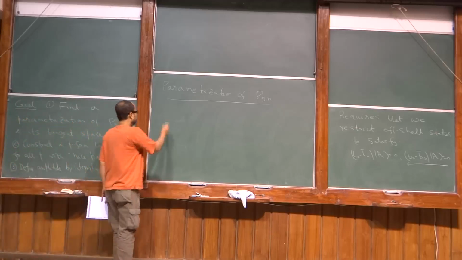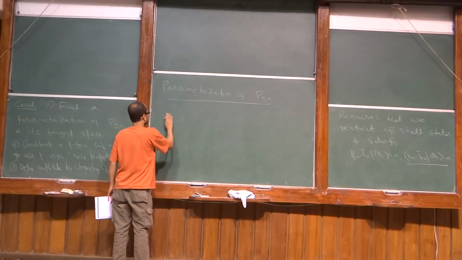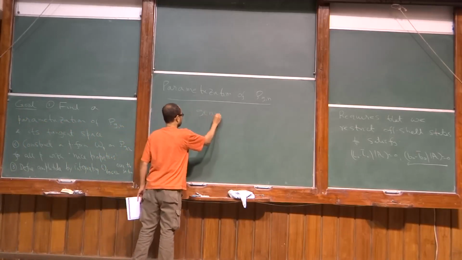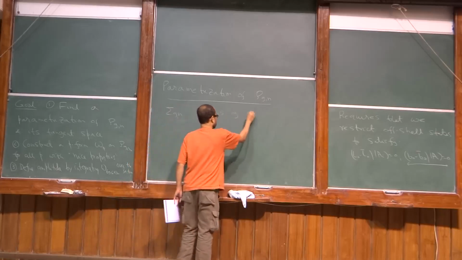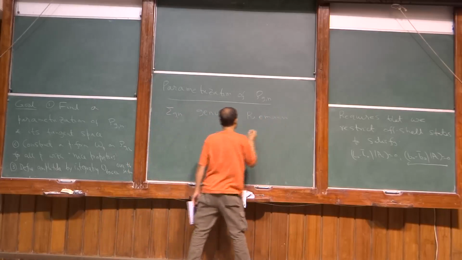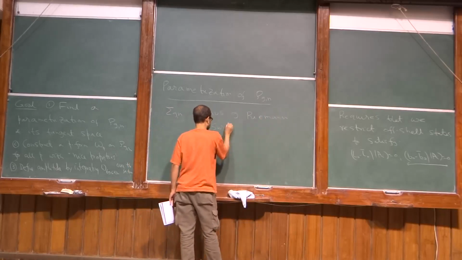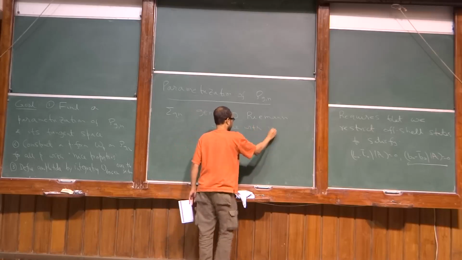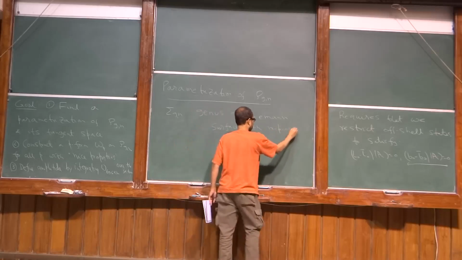So let's take some sigma gn, which is a genus g Riemann surface with n punctures.